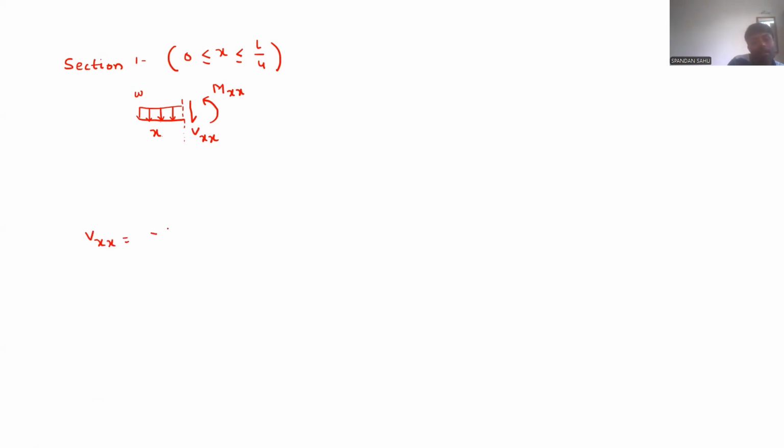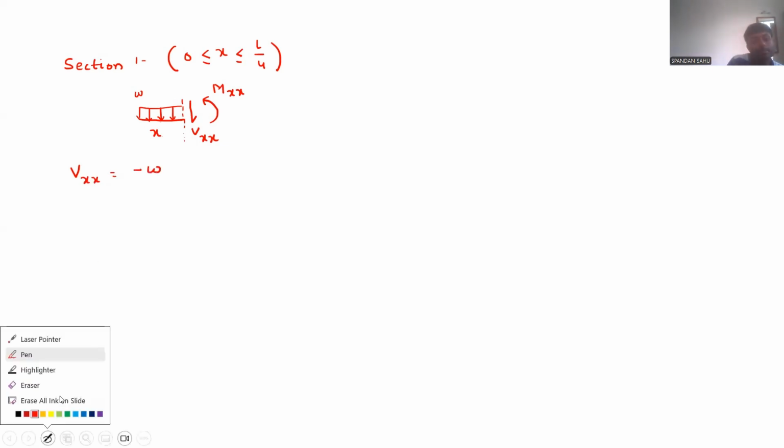It will be minus W into X. Is the only reaction that will be acting on this span. And why minus? Because Vxx and Wx are acting on the same direction. So if you take one entity on left hand side, the other entity when it goes to the right hand side will automatically become reverse of the sign convention that you have followed for Vxx. So Vxx will be equal to minus W into X.